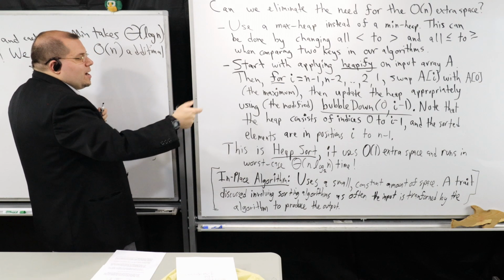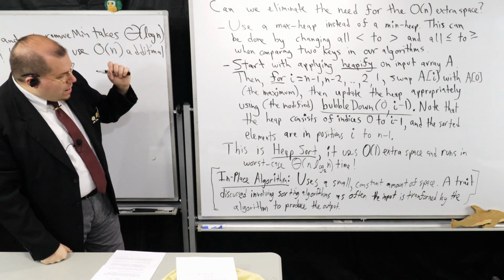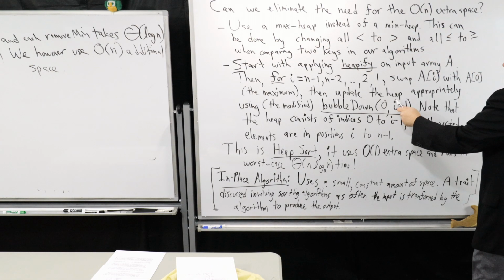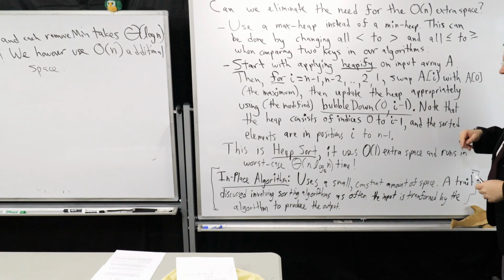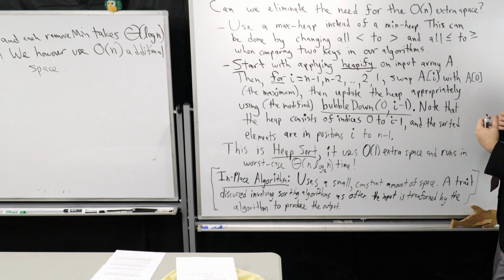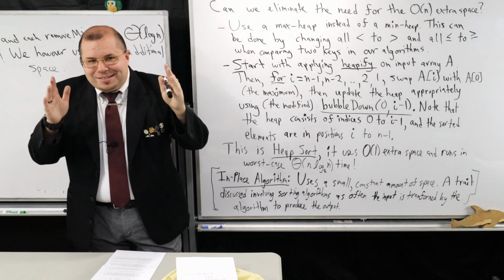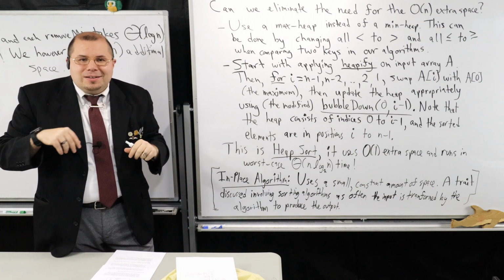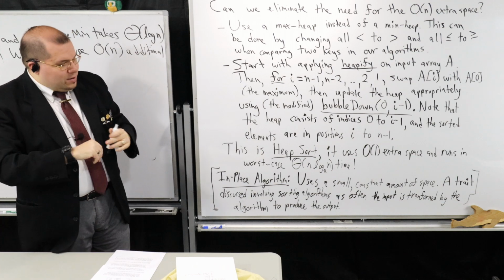Then I'm going to update the heap appropriately using bubble down. Now, the way I'm going to use bubble down is a little different than I've done it up to this point. Notice that I don't have n minus 1 here, I have i minus 1. What's going to happen is that part of this array is going to contain the sorted elements that I have. So I make sure that i minus 1 is there as a safeguard to make sure I don't touch any of the sorted part of the array. Why? Because the heap is only going to consist of some part of the array.